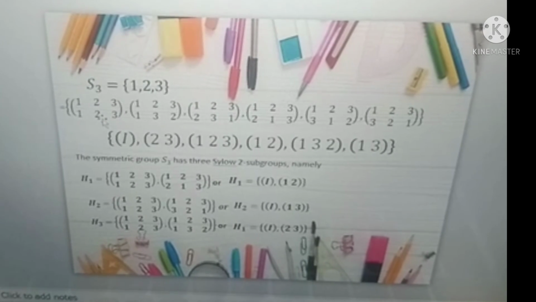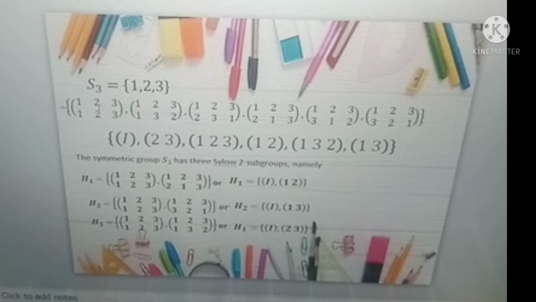So now I'm going to expound on the example 7.3.4. The symmetric group S3, or shall we say the permutation group, is the group of permutations on a set S with 3 elements.